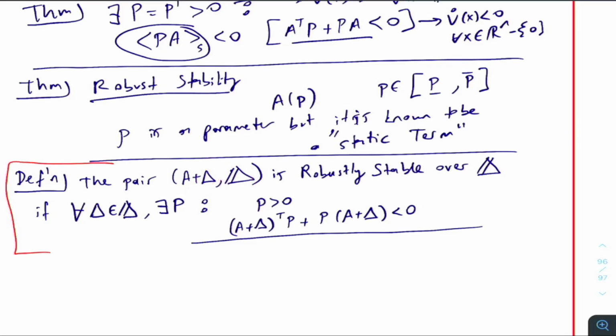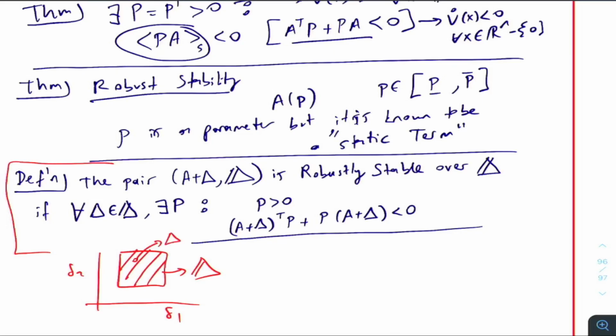All right. For example, let's say delta 1 and delta 2, and this set is this delta, right? And every point is nominal delta, okay?